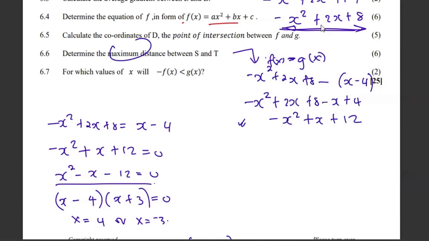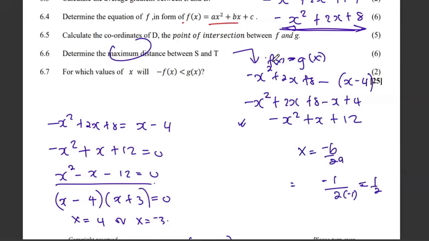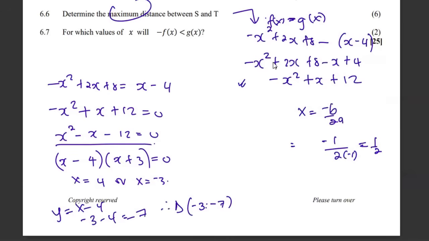So with maximum, x is negative b over twice a. So negative 1 over 2 times negative 1. When x is a half, that's when we are getting the maximum height, or the biggest difference between the two. But they want that distance. So let's replace this half into that equation: negative (a half) squared plus a half plus 12.